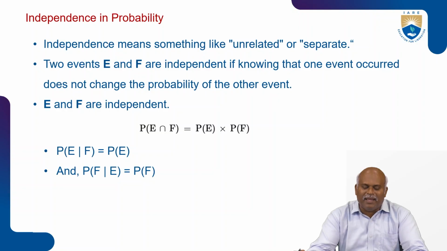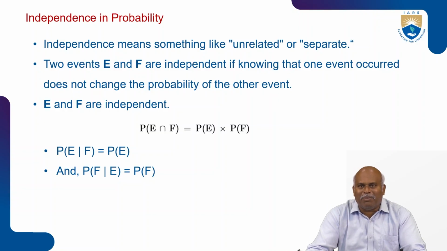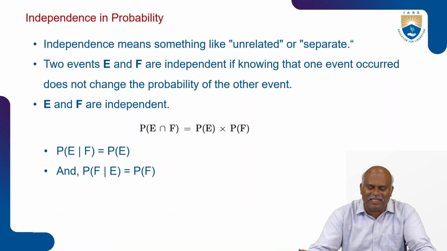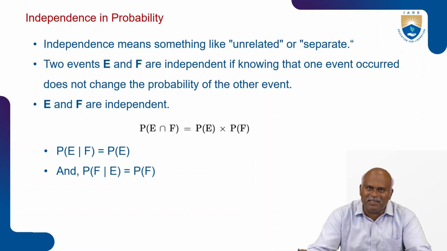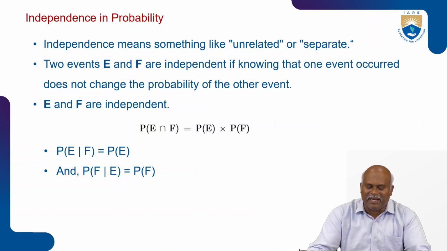Then it satisfies independent probability. Independent means something like unrelated or separated events.